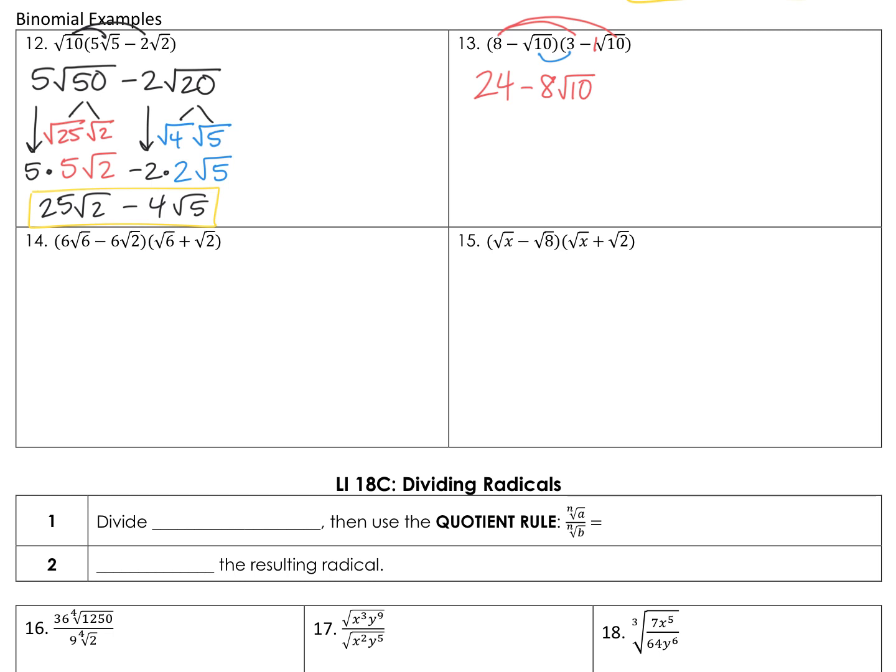Again, there's a 1 out in front. So negative 1 times 3 and then root 10, so it's negative 3 root 10. And then your last one, negative 1 times negative 1 would get me positive 1. And then what do I get when I do root 10 times root 10? 100.